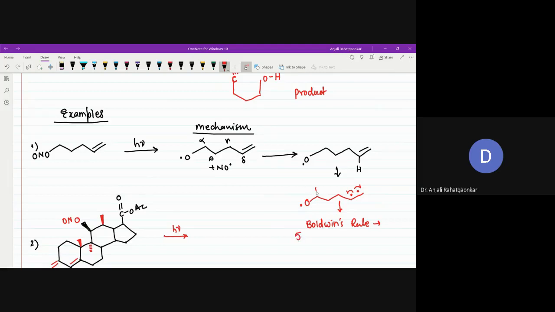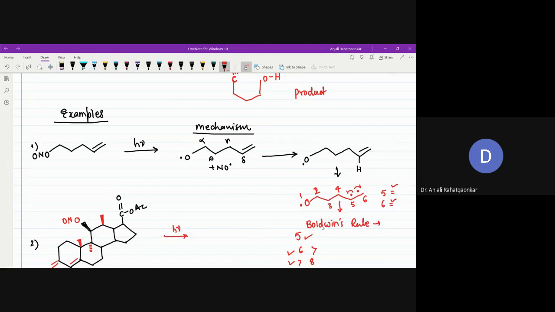अब देखो यहाँ पर एक एक दो तीन चार पांच और 6. So 5-membered ring is also possible and 6-membered ring is also possible. But Baldwin rule के according 5-membered ring पहले form होती है rather than the 6-membered ring. तो अगर इसमें ऑप्शन आता है तो 5-membered ring will form first. अगर 6 और 7 के बीच में अगर हमें वो आता है तो 6 पहले फॉर्म होगी, या 7 और 8 के बीच में अगर है तो 7 फॉर्म होगी.